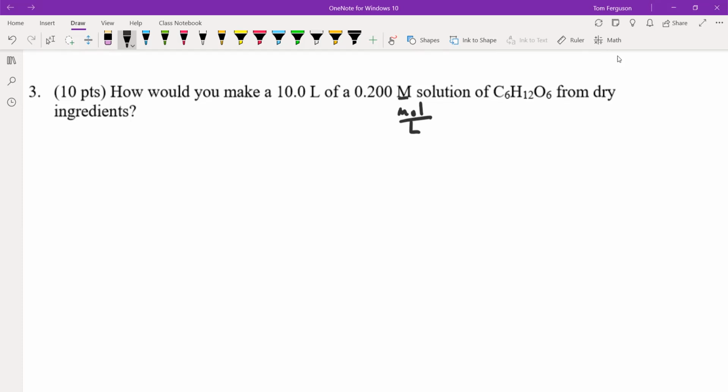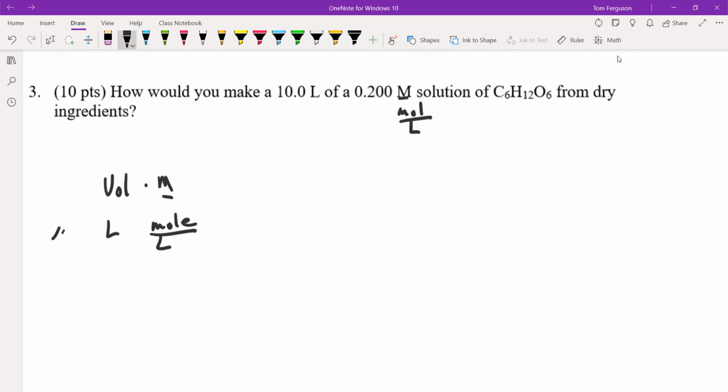So we need to know how many moles of glucose are in that solution. To do that, we're going to multiply volume times concentration. Volume is in liters, concentration is moles per liter.